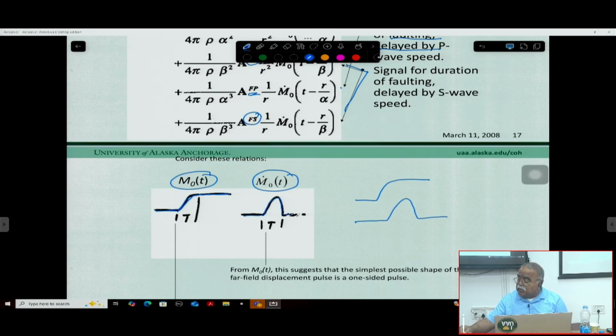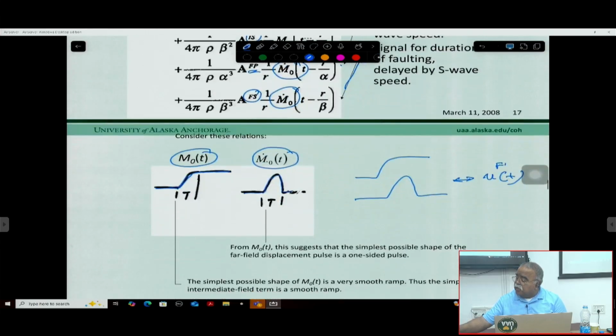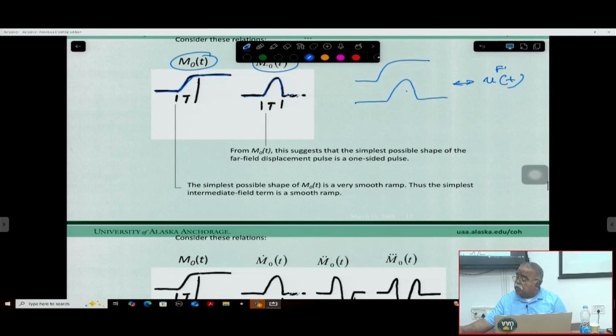So M dot t is basically related to the displacement pulse, the far field displacement pulse. So you can see it here. This will be the far field displacement pulse, M0 t. So that will be like this, right? So M0 t suggests the simplest possible shape of the far field displacement pulse will be like this.